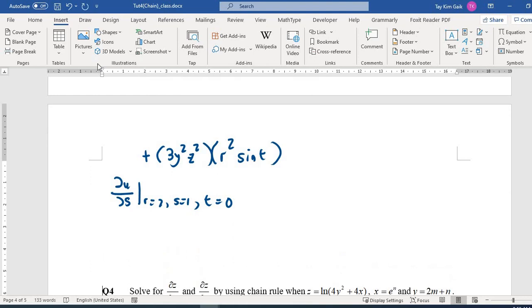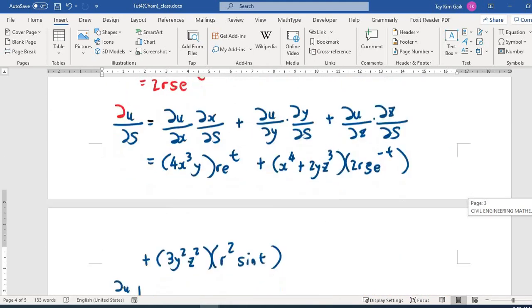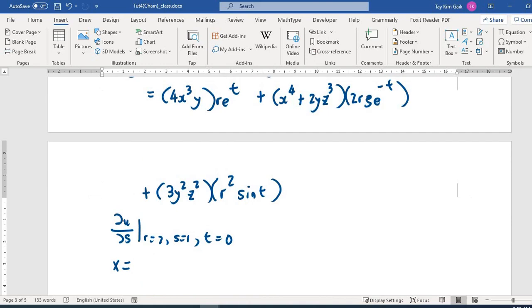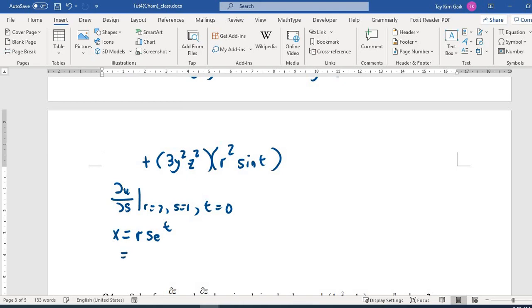You have to find back what x is. X is actually r s exponent t, so plug in the r, s, t values. R is 2, s is 1, exponent 0 is 1, so x is actually 2.